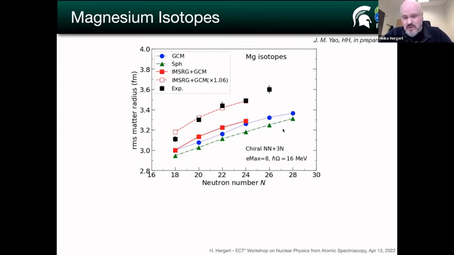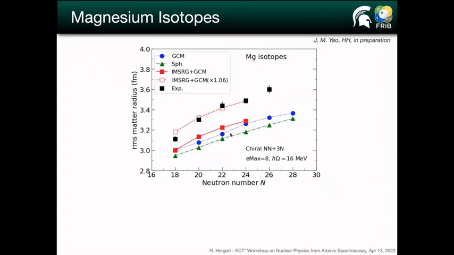So the green line here is essentially a spherical projected HFB calculation. Then if you go to the blue curve and perform a GCM calculation with this chiral Hamiltonian, you somewhat improve the charge radii, but the trend of experiment is actually not reproduced. So this looks not quite right compared to the experimental data.